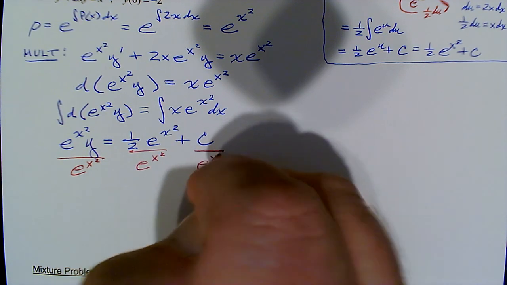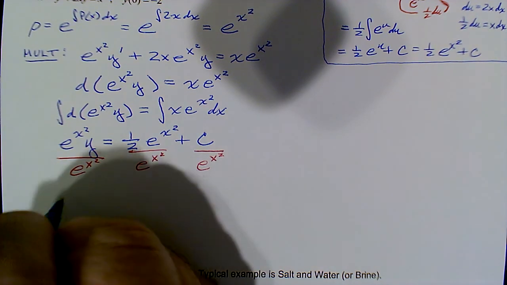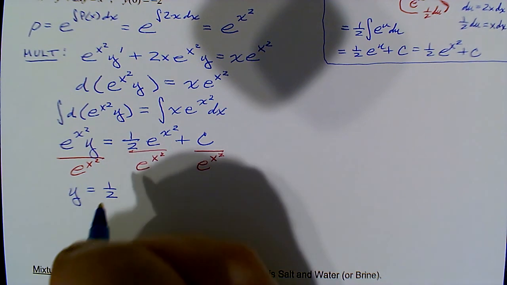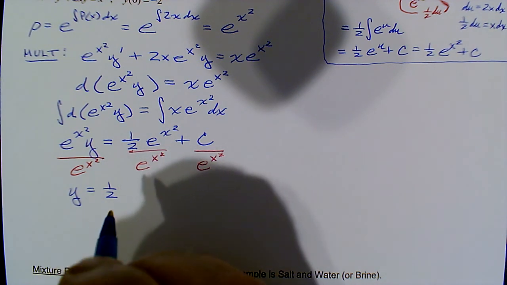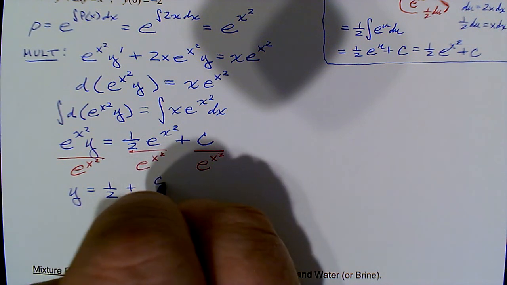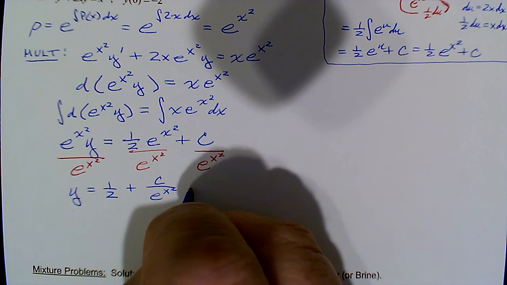So we'll just divide everything by e to the x squared. And so then we get that y is equal to 1/2 plus c over e to the x squared, and that could be our general solution.